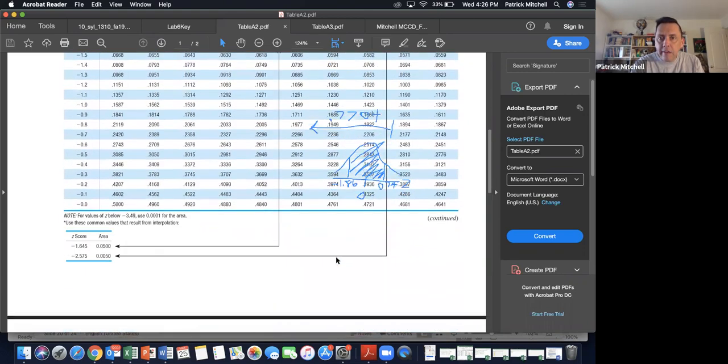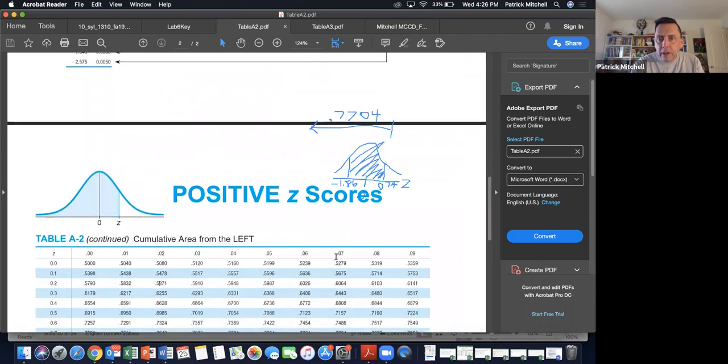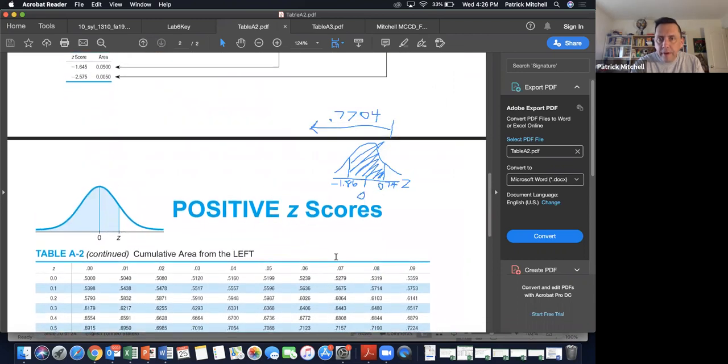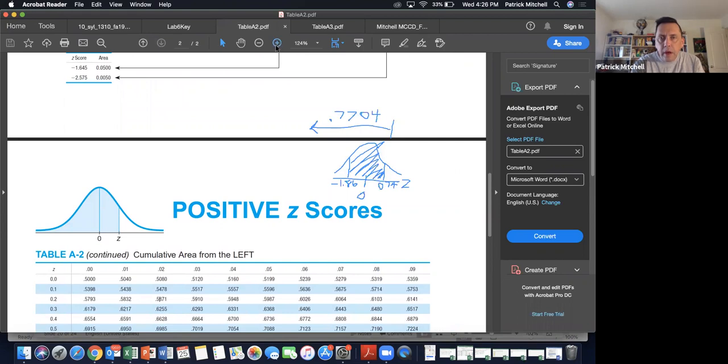So that is all the area to the left of negative 1.86, 0.0314.